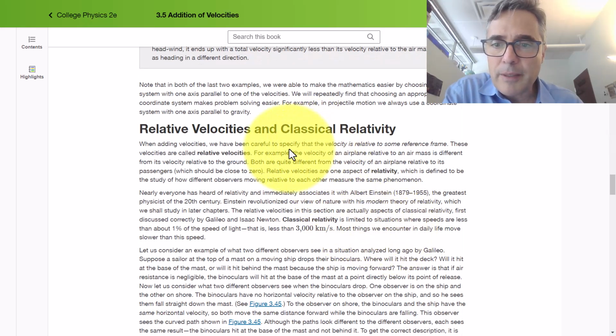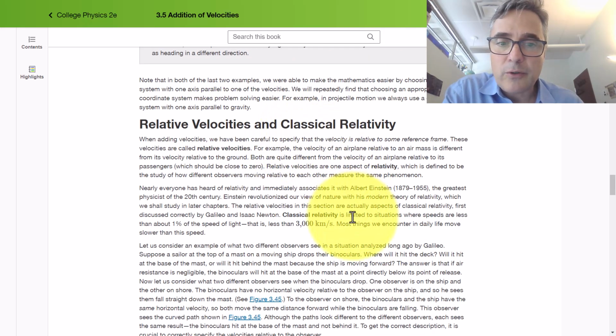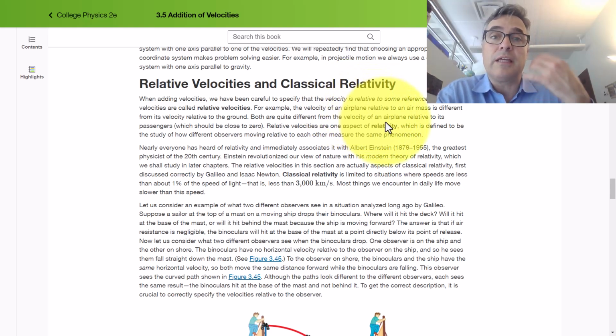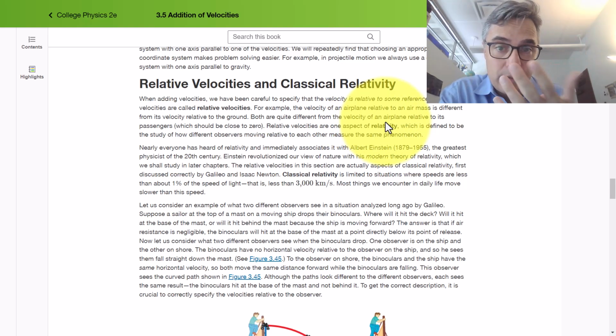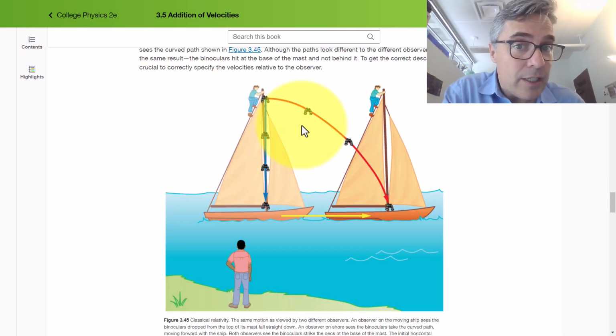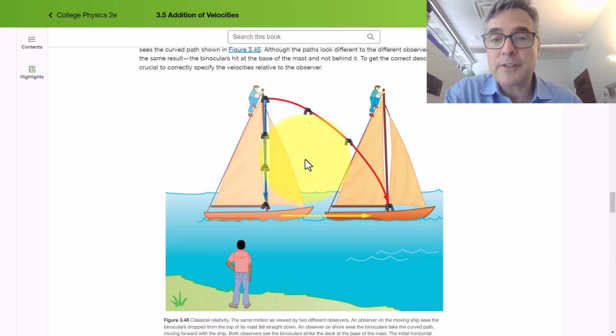And then they talk a little bit about relative velocities, which is to say that according to Albert Einstein, all velocities are relative. So you can't say that something's at rest. Everything is moving in some kind of a reference frame relative to something else. And if you're moving at a constant velocity, all the laws of physics are the same.